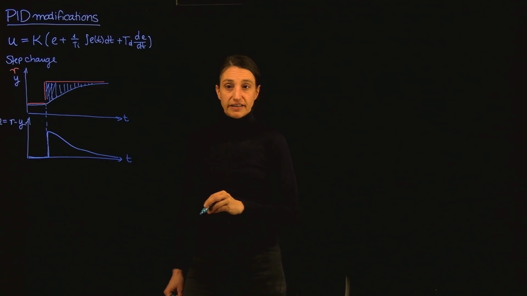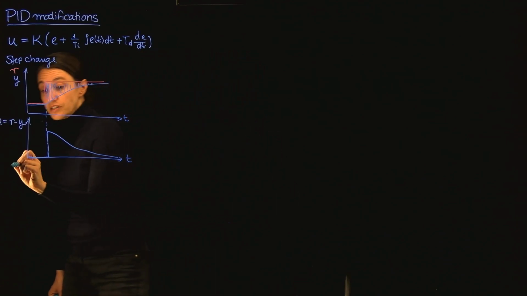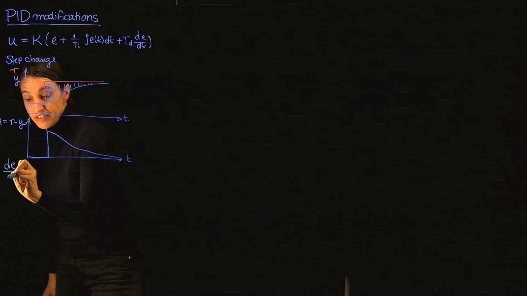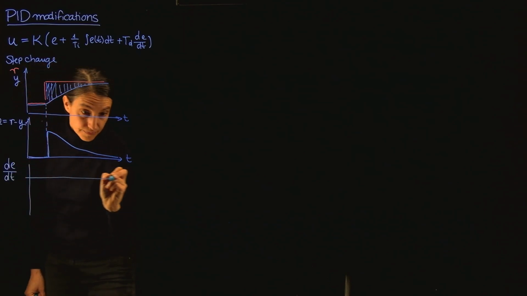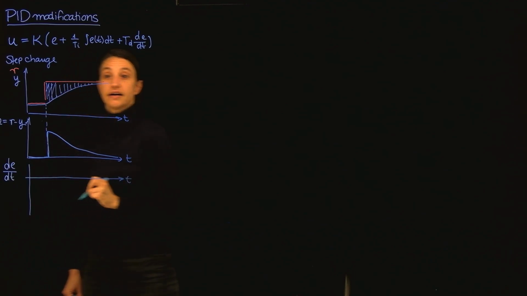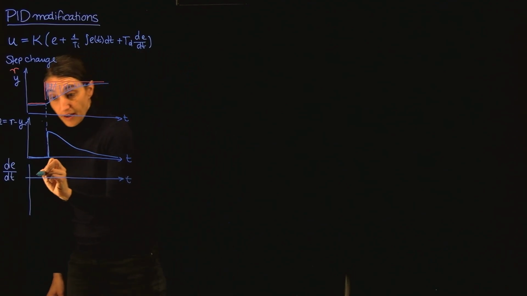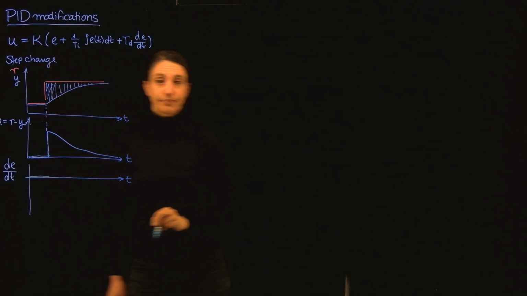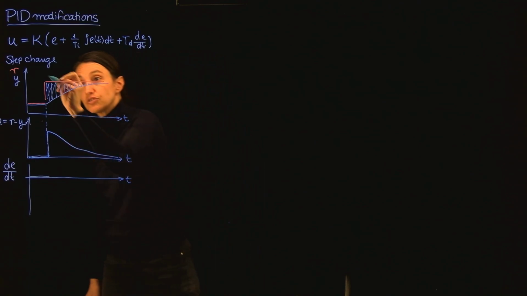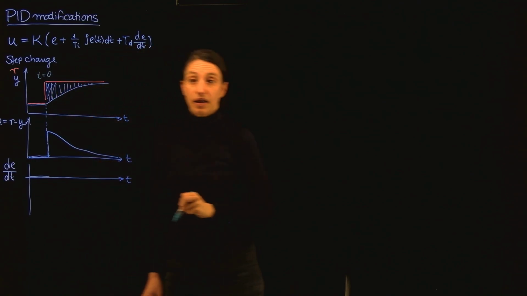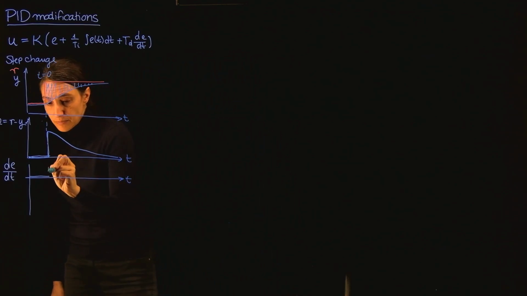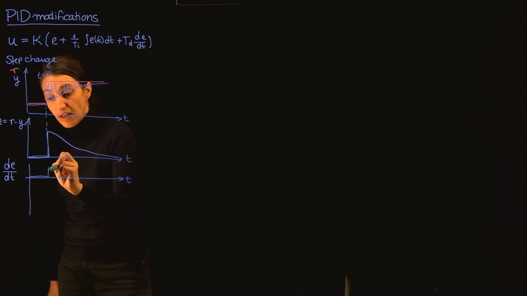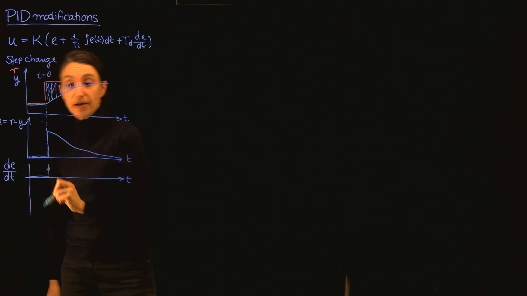Okay, so what's wrong with that? Well, the problem is, what happens to the derivative dE over dt? Over time, the derivative of the error of 0 is 0. But what happens at time t equals 0 when I apply the step change? It's going to jump. It's not only going to jump a little bit, it's going to jump suddenly, and that means the derivative will become an impulse.